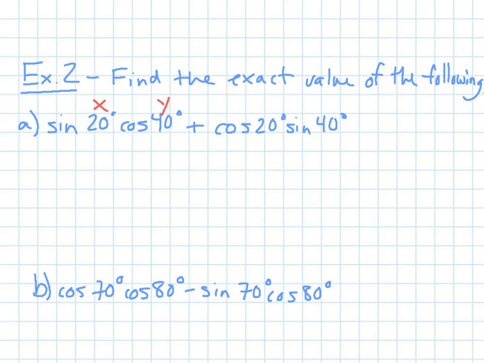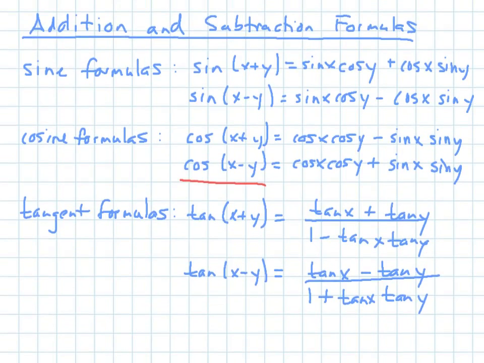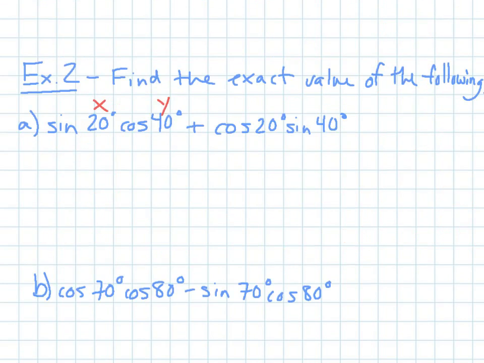It looks like, looking back at our formulas, it's a sine function, and because it's a plus, that means they use sine of x plus y. Okay? So just looking at those two things, because it's alternating sine and cosine in both terms, and because there's an addition sign, that's what leads me to believe it's sine of x plus y, not any other one.